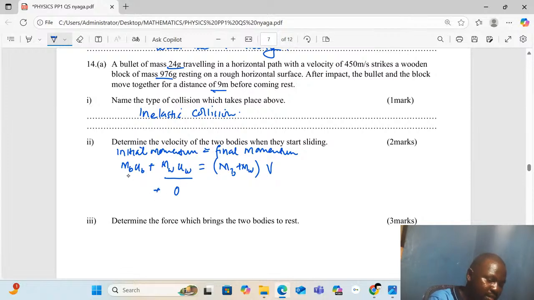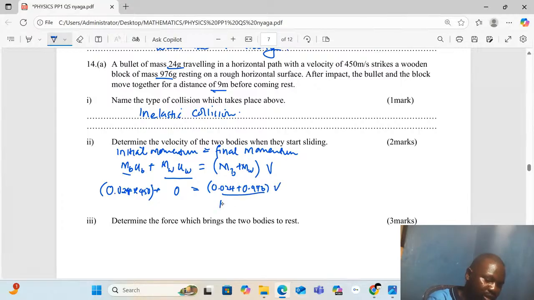So, plus the mass of the bullet is 24 grams, which is equivalent to 0.024, times 450, plus 0 is equivalent to 976 grams plus 24 grams. This becomes 0.024 plus 0.976 into V. So this becomes 1.